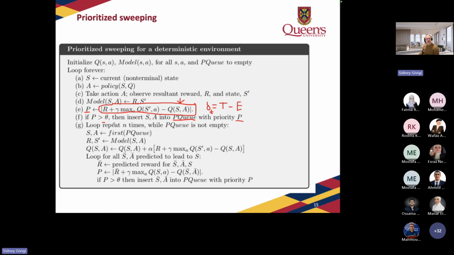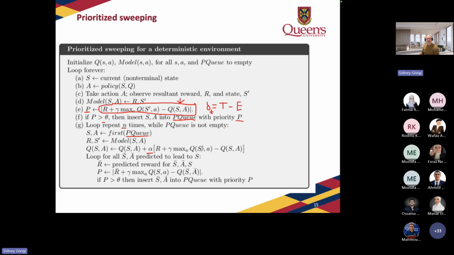And then when we loop over all of this, instead of just randomly selecting things, we are going to select from this priority queue. This means that we are going to give priority to updates that are going to change our Q values more, right? Because observe that we are going to use the same alpha everywhere. Okay, so now we are going to do this.